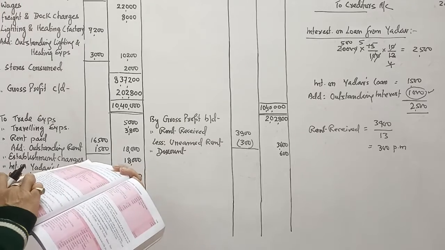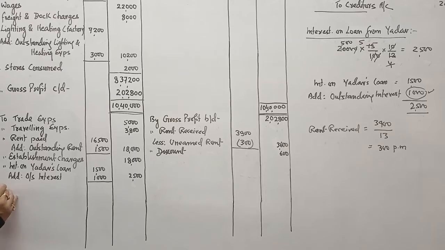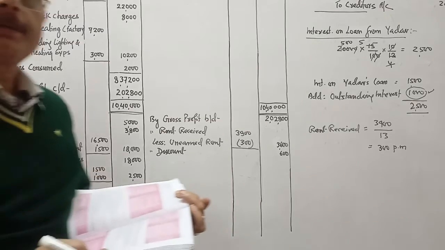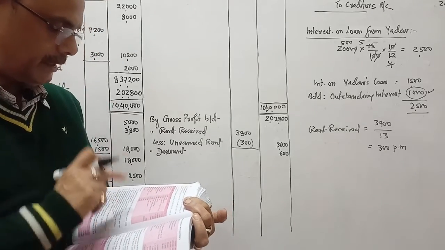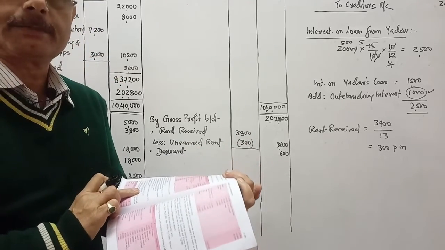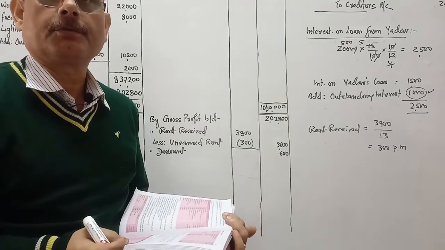Adjustment number 3 is related to further bad debts. Further means additional bad debts. Adjustment number 3: sundry debtors include an amount of rupees 2000 due from a customer who became insolvent and nothing is recoverable from his estate.